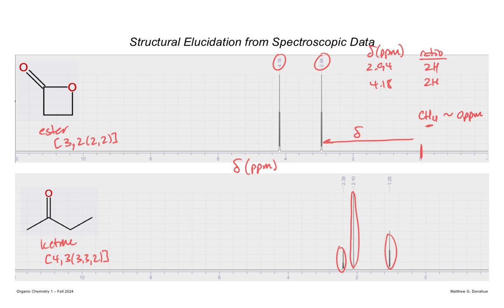Now what we want to dive into is we want to assign the hydrogens to those signals. And then the other thing that we're not sure of is, notice the numbers 3, 3, and 2. So what signal gets what ratio of hydrogens?